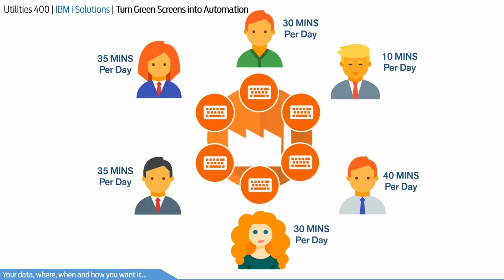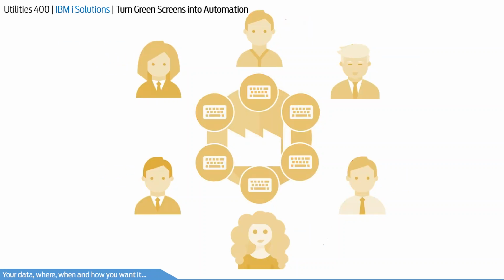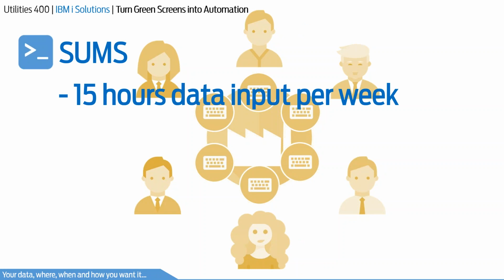Now, on average, each employee is completing about 30 minutes of input per day. So across the business, we're looking at about 3 hours per day. That's not too unreasonable, I would suggest. You may even think that these numbers are a conservative estimate, but let's add it up very simply so you can apply the same principles to your own business.